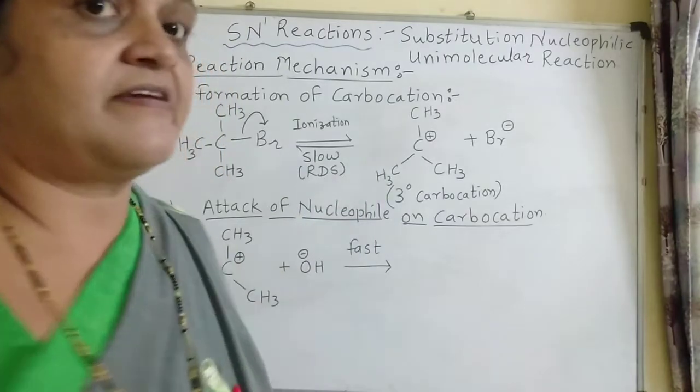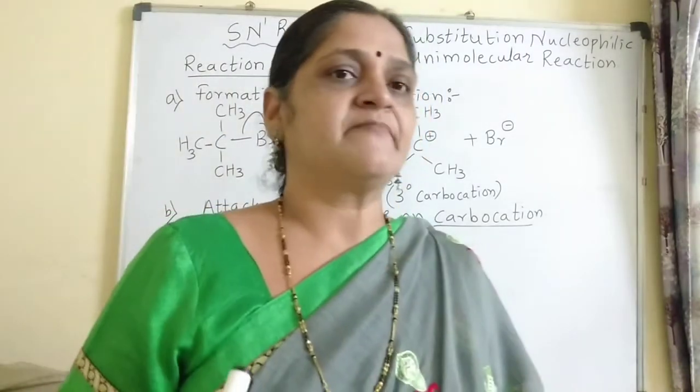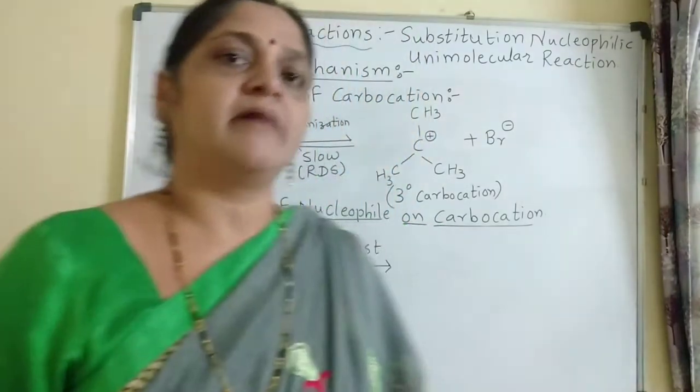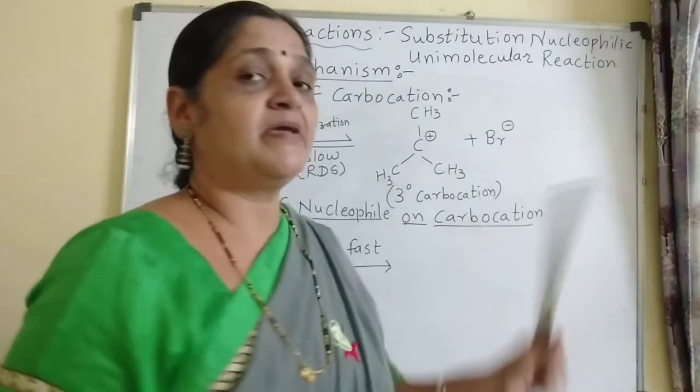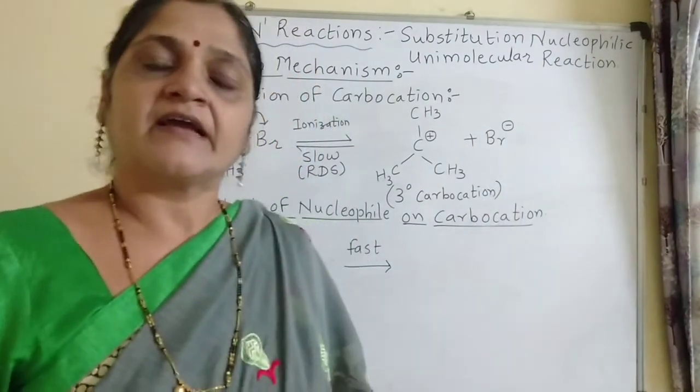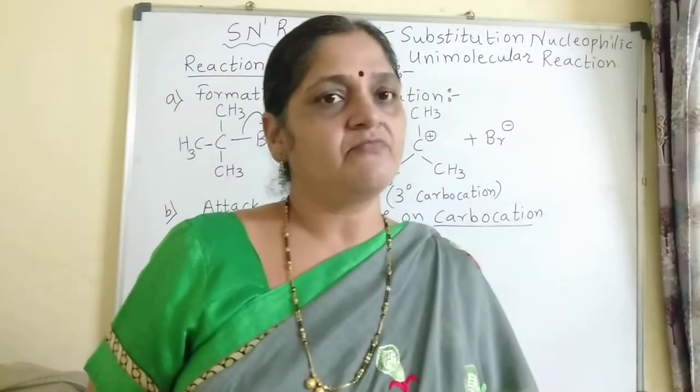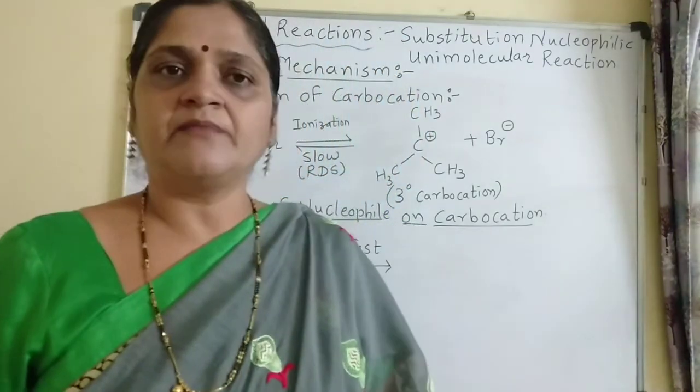The energy needed to break this bond will be supplied by the polar protic solvent. In this polar protic solvent, the hydrogen will combine with the Br and separate it from this carbon, right? And thus we get bromide ion separated from the tertiary butyl bromide.